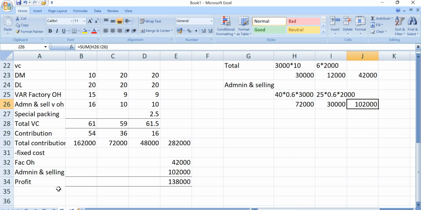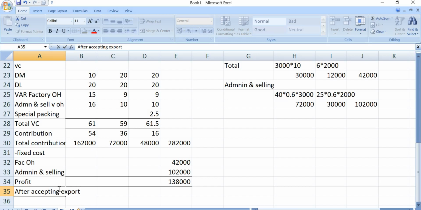So we need to write, after accepting export order, overall profit resulting to 1,38,000.